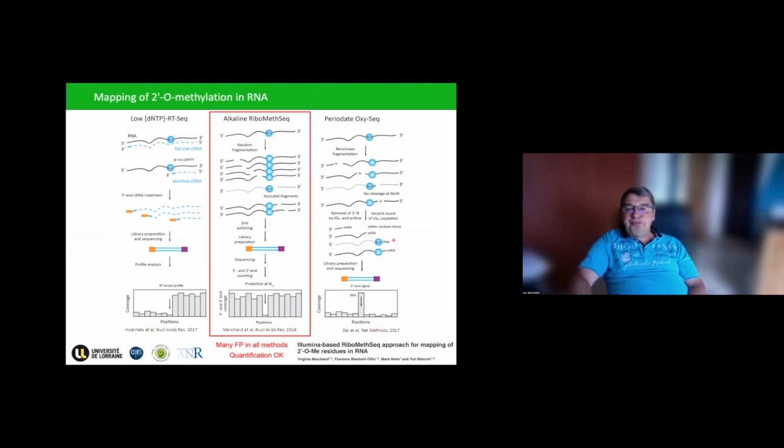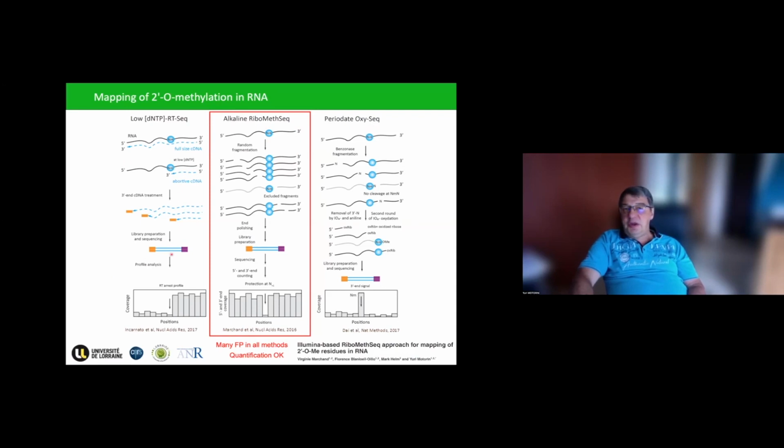So for 2' methylation, there are different methods available on the market. It can be detected by low dNTP RT extension, so 2'OMe-seq, by alkaline RiboMeth-seq, which we are using, or with periodate Nm-seq, also introduced.